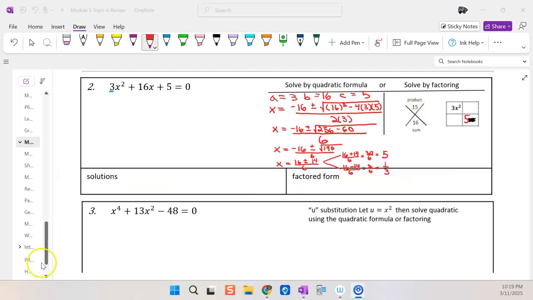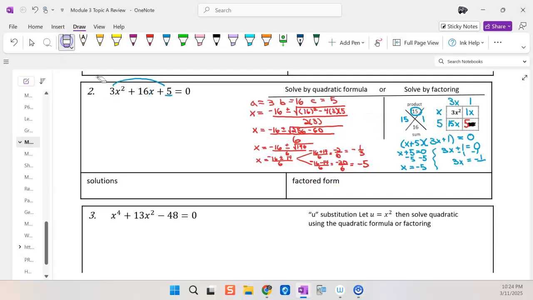All right, so I've taken these coefficients, this is my a, b, c, and plugged them into the quadratic formula, did the arithmetic, and got negative 1/3 and negative 5 as my solutions.